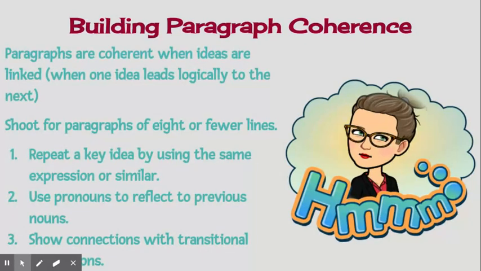The idea you want to try to shoot for in business writing, because you have typed blocks of text usually, is a paragraph should be 8 or fewer typed lines. The eye kind of gets eye blind after that point. So to be able to keep your audience focused on the message you're trying to deliver, you really want to make sure your paragraphs are fewer than 8 lines long.